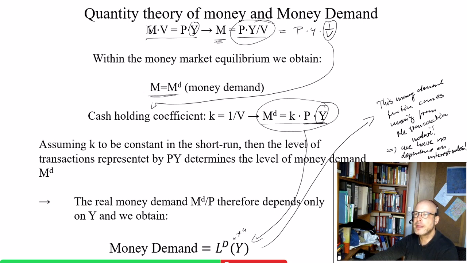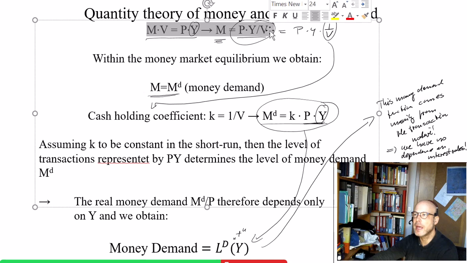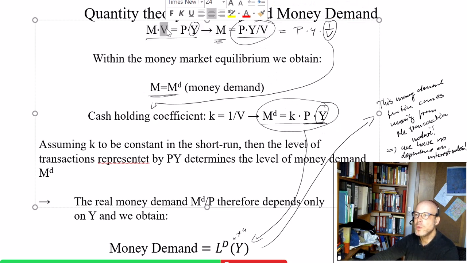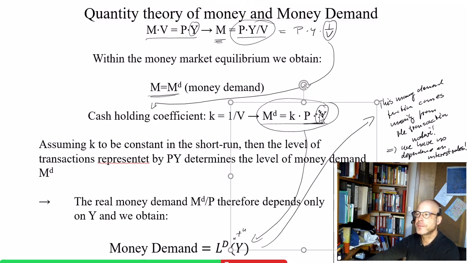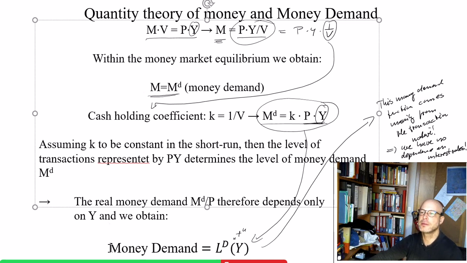If we assume that this quantity theory of money holds, and we assume that especially the velocity of money v is only a variable which changes slowly due to changes in the framework, due to changes of technology, then we obtain a money demand function which is only dependent on income, and which differs from the other money demand function where we also derived a dependence on interest rates. And please keep this in mind. This is, so to speak, the classical view on money, where we have only this positive dependence on income.